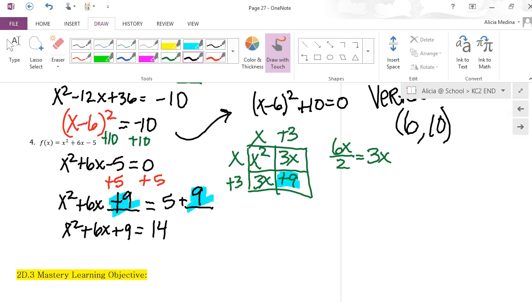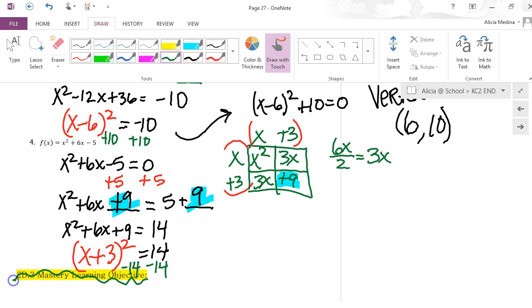Alright, simplify. X squared plus 6x plus 9 is going to equal 5 plus 9, which is 14. I'm going to write the sides of my binomials. Again, you see those double x plus 3 on each side. So I'm going to write this as x plus 3 quantity squared, still equal to 14. I need to move that 14 over though, so I do the opposite operation. So subtract 14 on both sides.